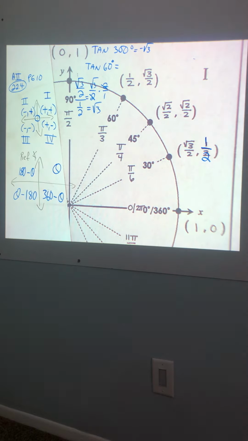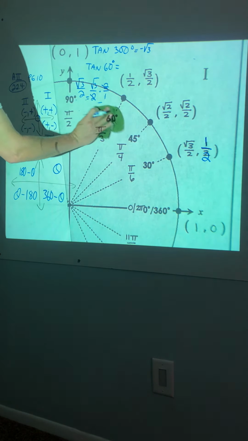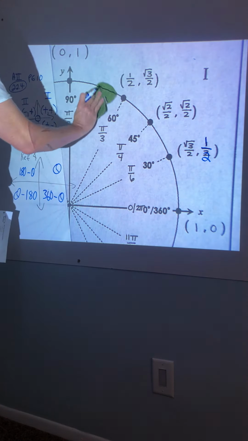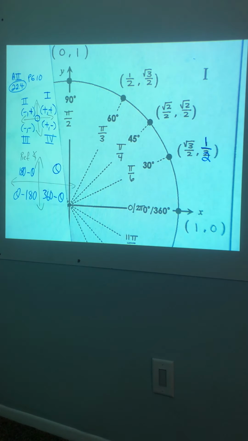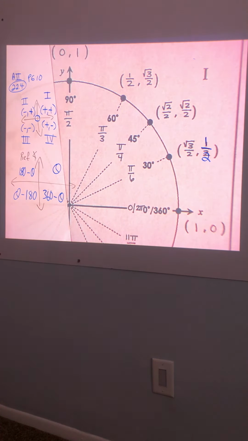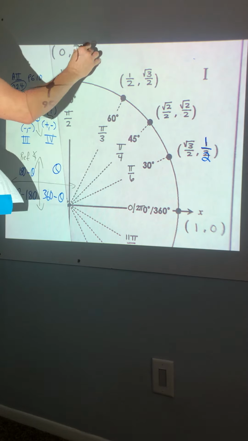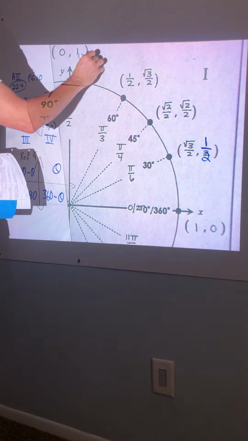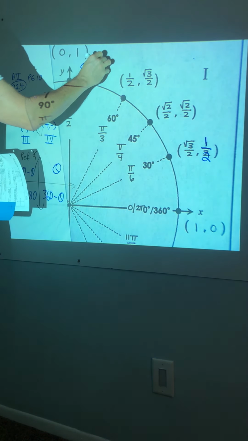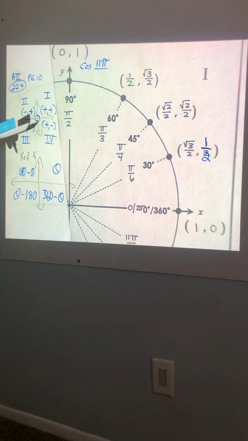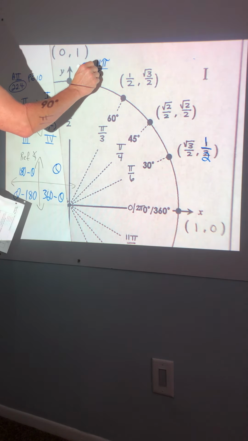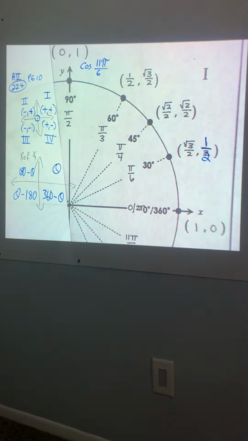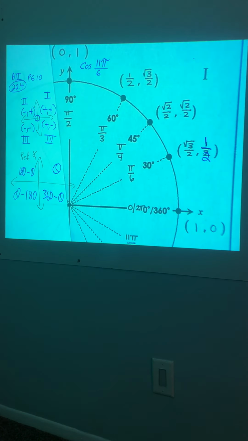All right, let's try one with radians. How about the cosine of 11 pi over 6? You know what I would do? I would just change it into degrees.